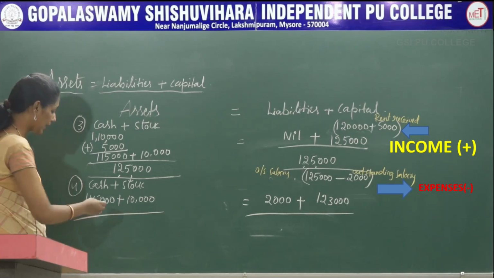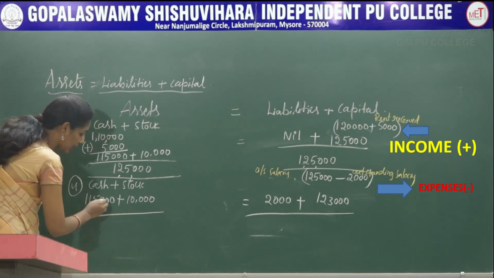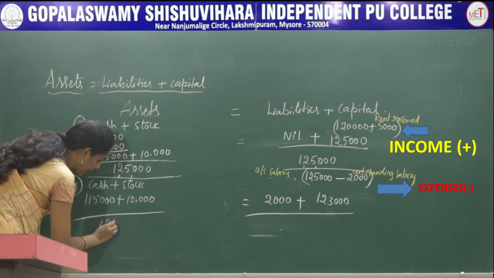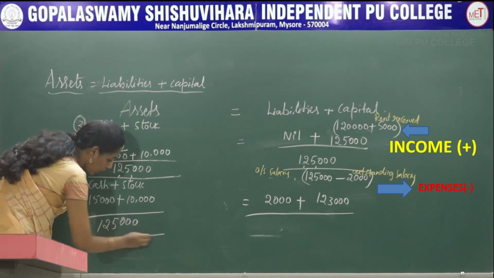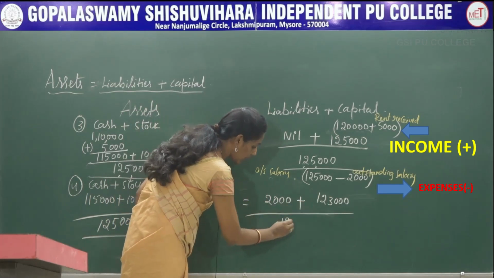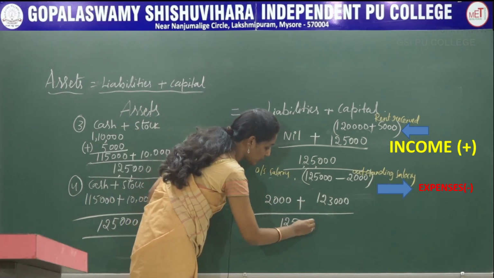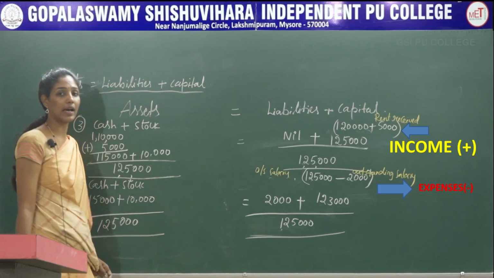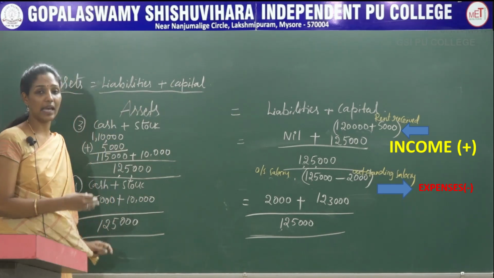So now add on the asset side first, 1,15,000 plus 10,000, 1,25,000. On the other side of the equation, 2,000 plus 1,23,000, 1,25,000.